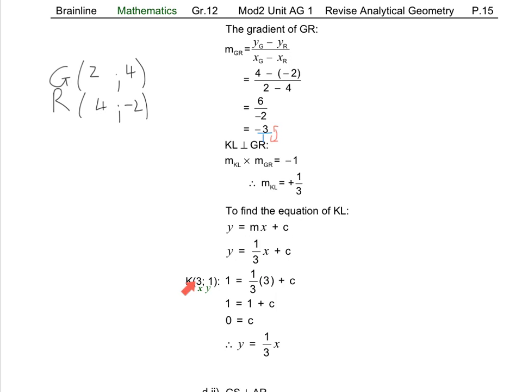So x is substituted with 3 and y is substituted with 1, and then a third times 3 is 1. When we take the 1 over, it becomes minus 1, and 1 minus 1 gives us the c value of 0. And therefore the equation is y equal to a third x, and plus 0 doesn't have any meaning, so it's just left out as the c value.